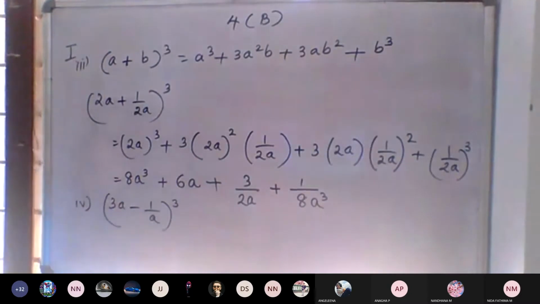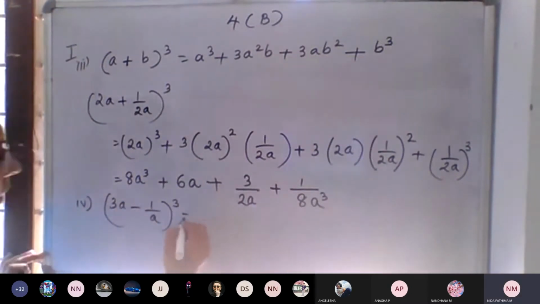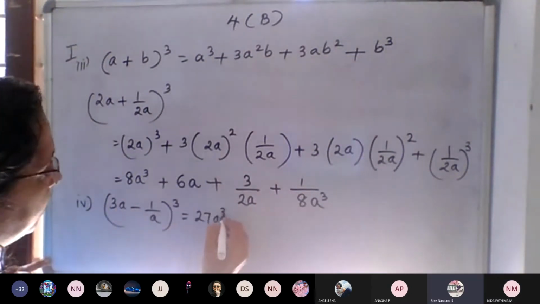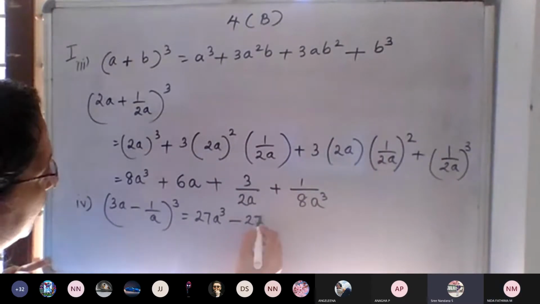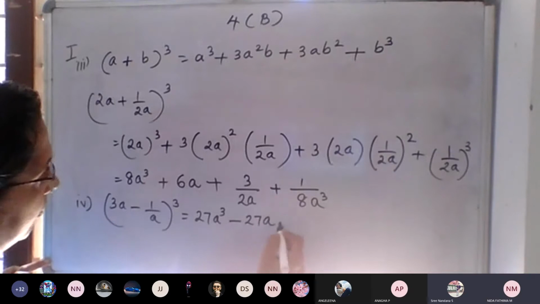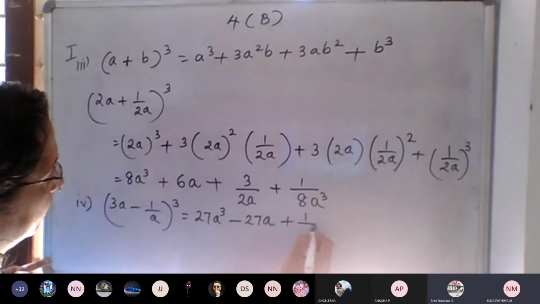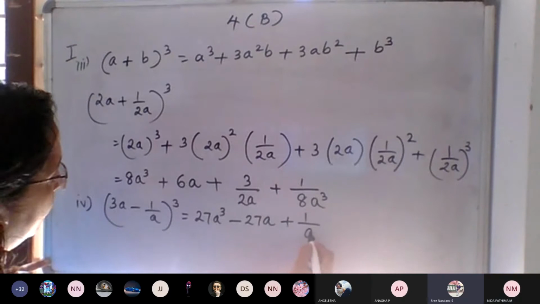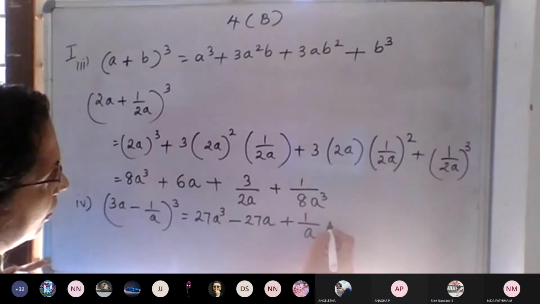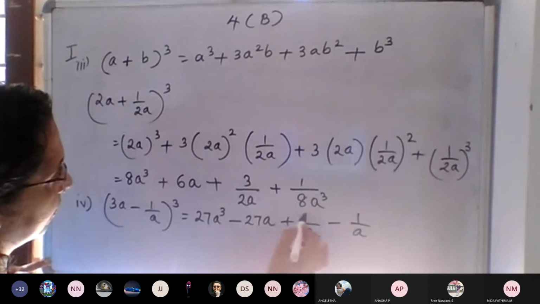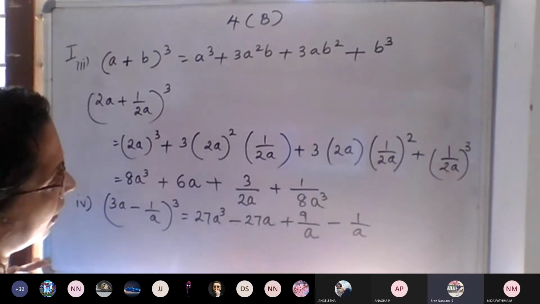Answer: 27a cube minus 27a plus 9 by a minus 1 by a cube. 1 by a or 1 by a cube? 9 by a minus 1 by a cube.